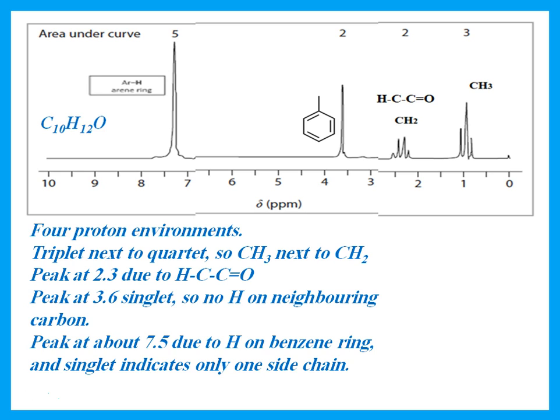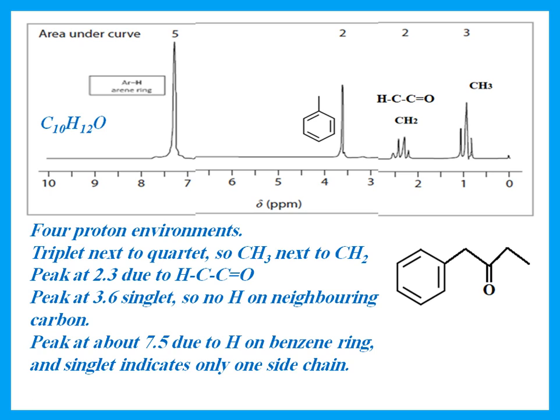So what kind of structure can apply to all of this? So let's take a look at this. We have a carbonyl. On one side, we have a CH2 and a CH3. On the other side, we have a CH2, and that CH2 will be attached to the benzene ring.